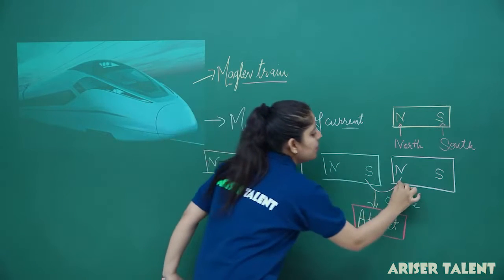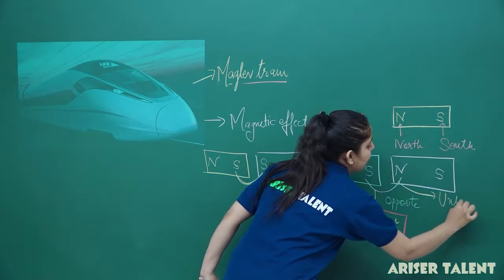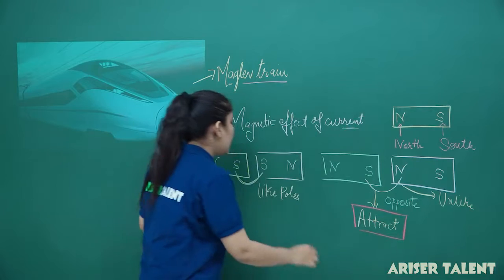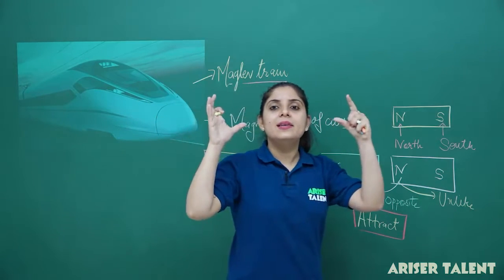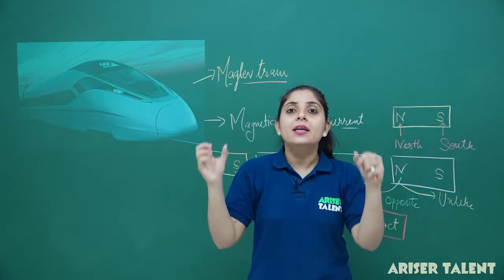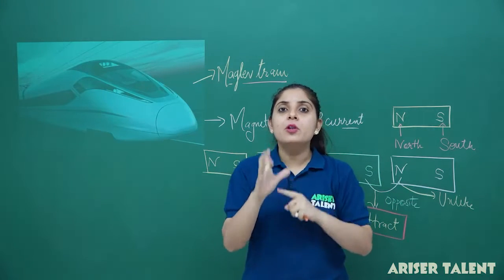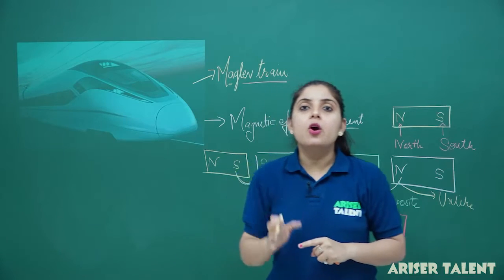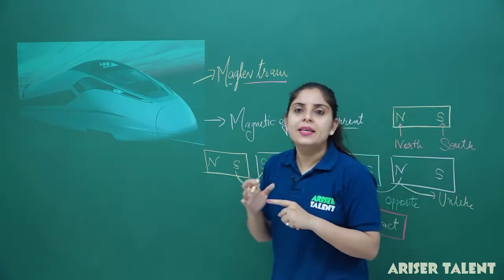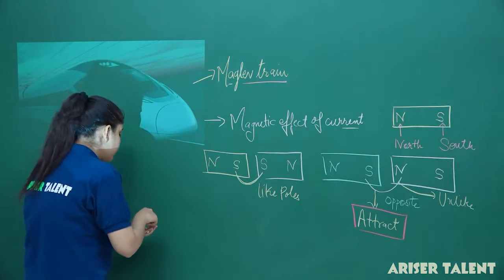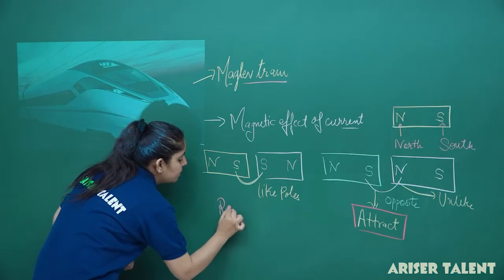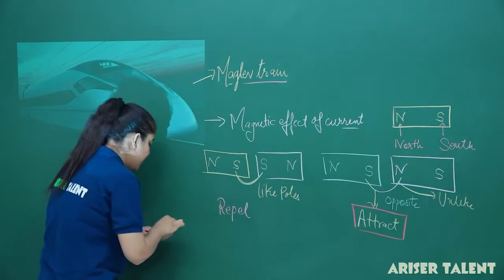And the other ends are opposite, or unlike, poles. Now, what will happen in the case of like poles? If you bring the like poles of two magnets close to each other, they will definitely repel. So what will happen in this case? Like poles will repel each other.